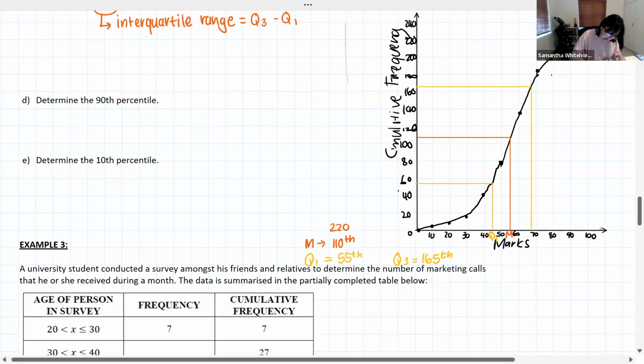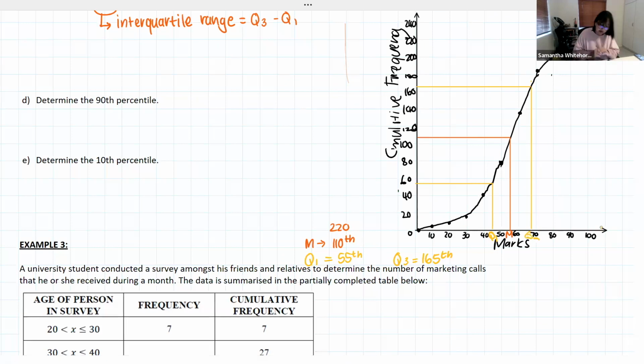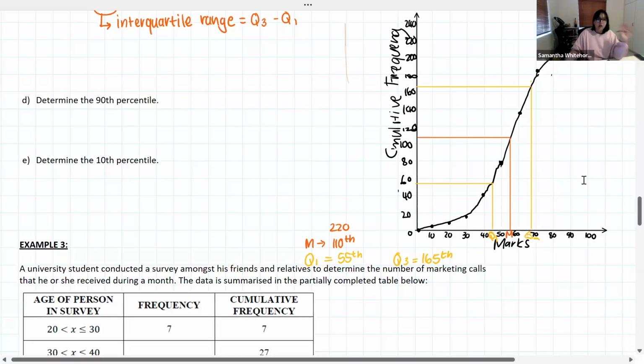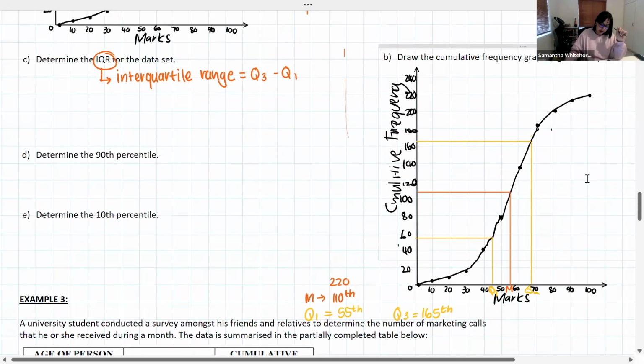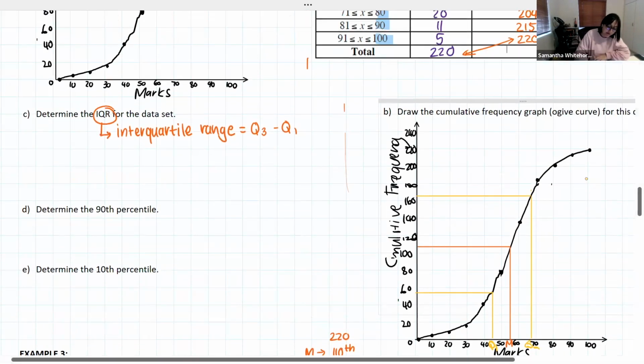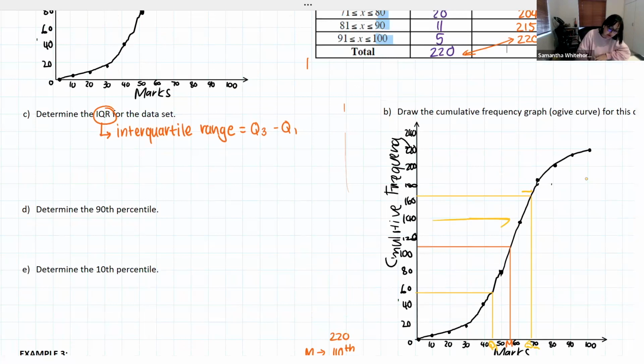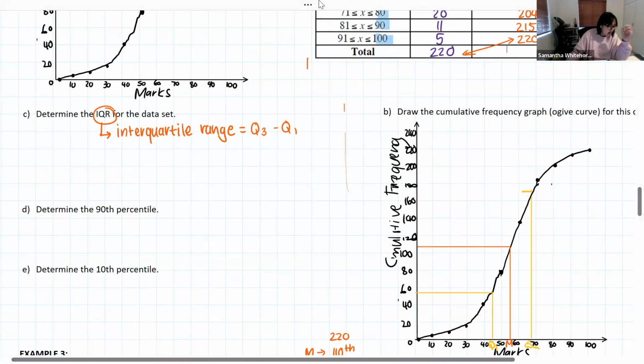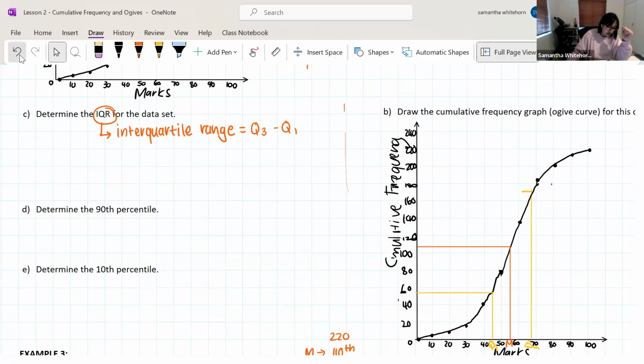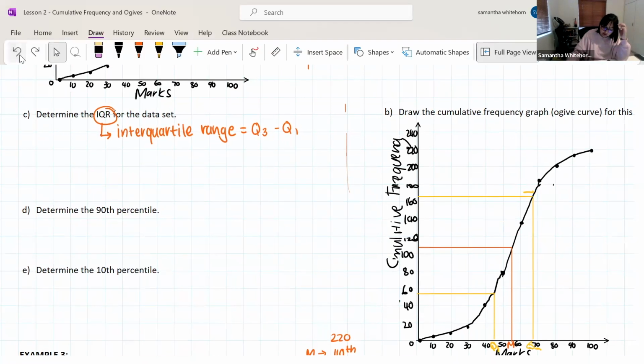Okay, there we go. And this will be our Q3 value. My gosh, what absolute chaos. So remember, you have used the position. So you've read horizontally across and you're going down to get the value. So we are looking on the x-axis to determine those Q1 and Q3 values.